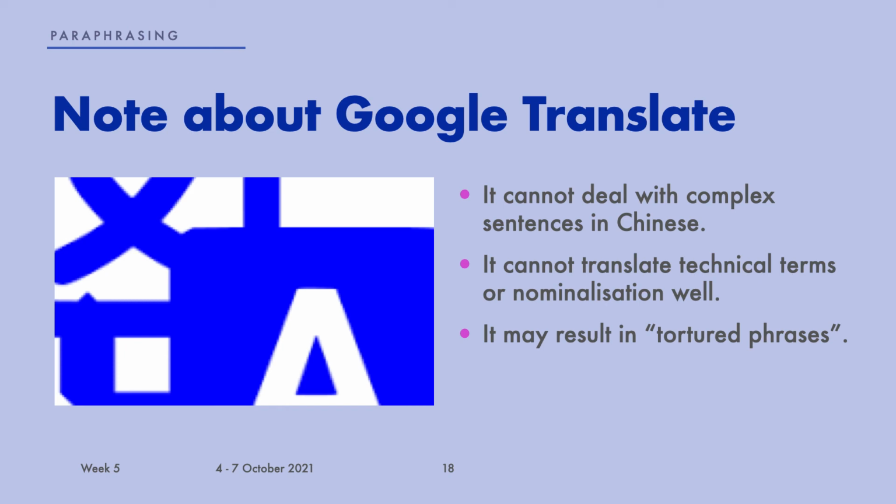And in some cases, it may result in what is commonly called tortured phrases. So they are phrases that are perfectly grammatical, but make no sense to the readers, especially for the readers who have been in your field, like social sciences, psychology, for some time.